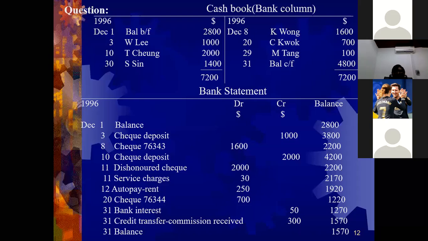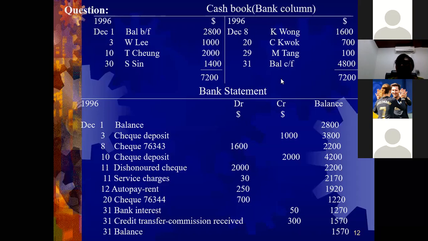Let me correct you. It is uncredited. We have received it, but we have not gone to the bank to deposit it for the account to be credited. So it is an uncredited check.